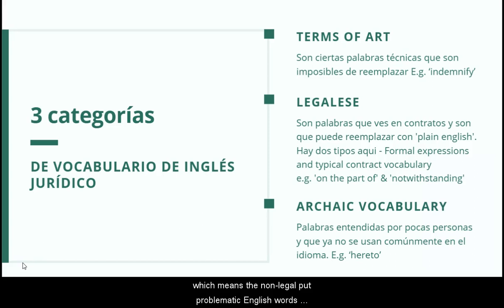Legalese, which means the non-legal but problematic English words that lawyers use instead of choosing something more easily understandable. For example, indemnify is a term of art because lawyers say it has a decided legal meaning. On the other hand, notwithstanding is legalese because the lawyer who decided to use it could have just said despite.